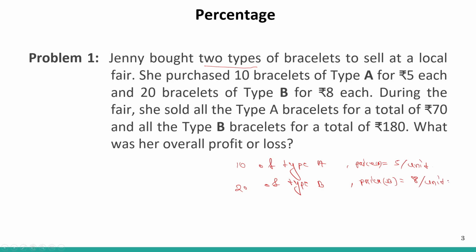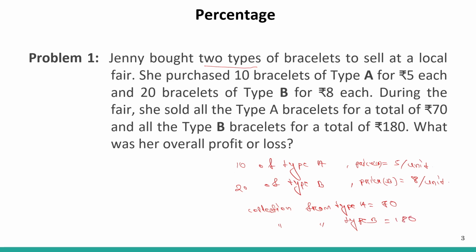During the fair she sold all the type A bracelets for a total of 70 rupees, so the collection from type A is 70 rupees, and the collection from type B is 180 rupees.